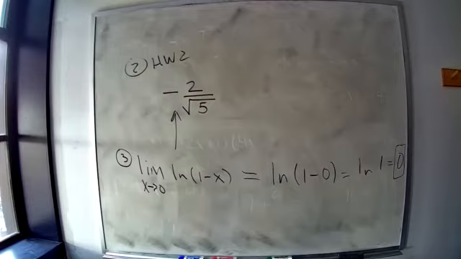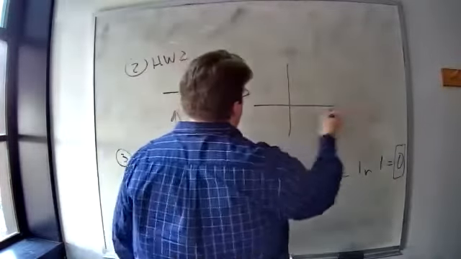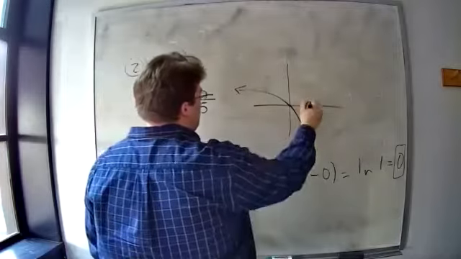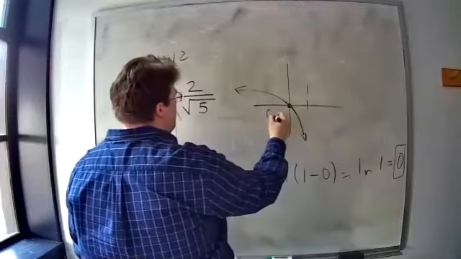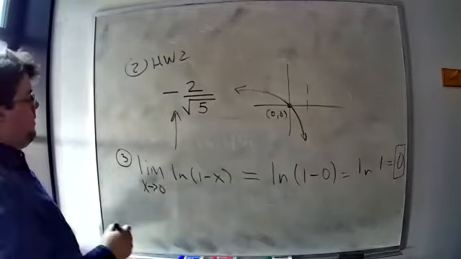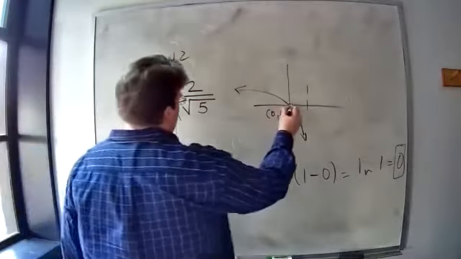So that's one way you could do it on number 3. You can do it algebraically. You could also have used the graph if you want. Now the graph of this function, y equals log of 1 minus x, looks like that, goes through 0, 0.